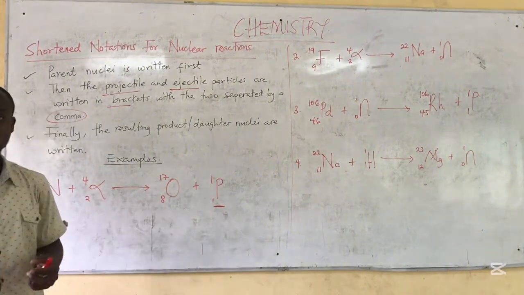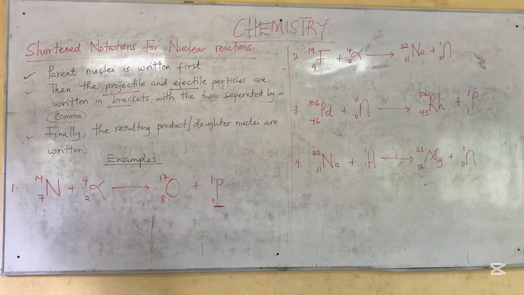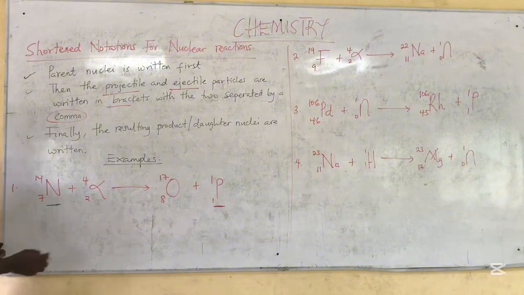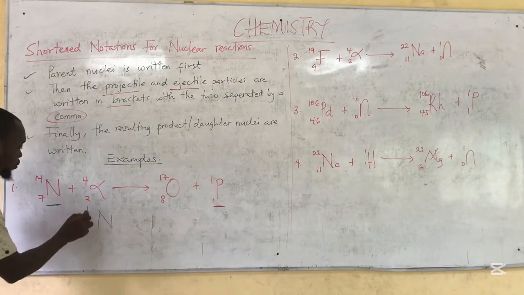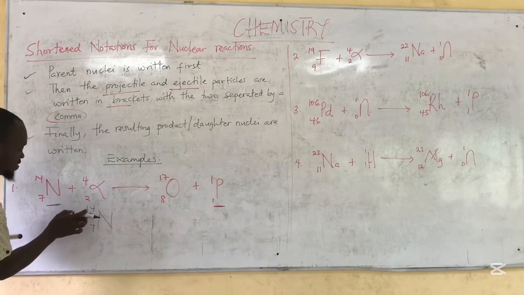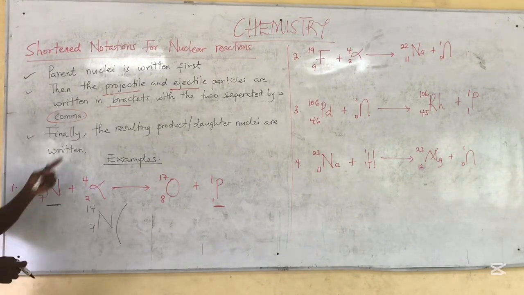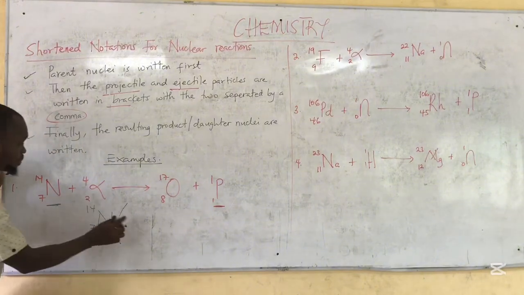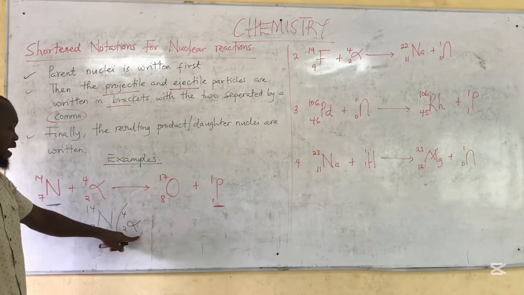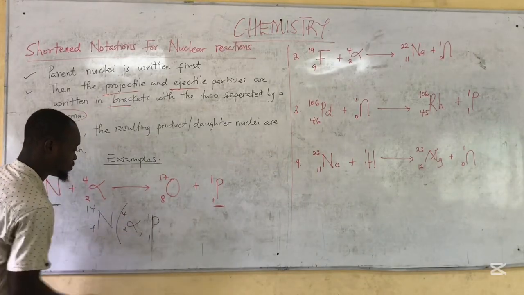So in the exams, when you're asked to write the shortened notation for this nuclear reaction, we said first of all, the parent nuclide is written. The parent nuclide here is the nitrogen. So you write your nitrogen with a mass number of 14 and a proton number of 7. And then in brackets, you write the projectile. Our projectile here is the alpha particle, and it's separated from the ejectile by a comma. Our ejectile is the proton there. Is that okay?